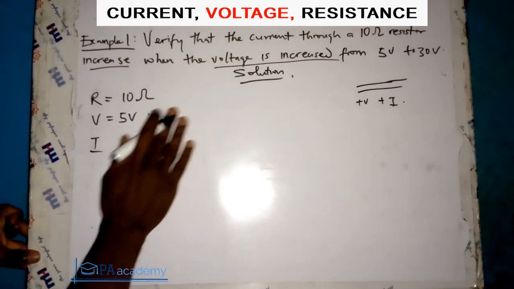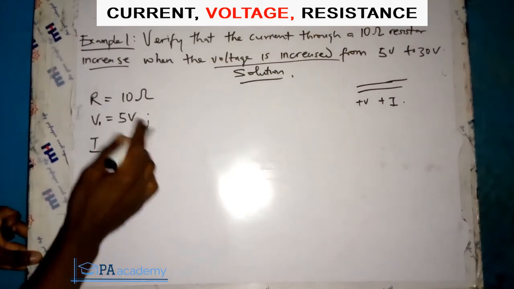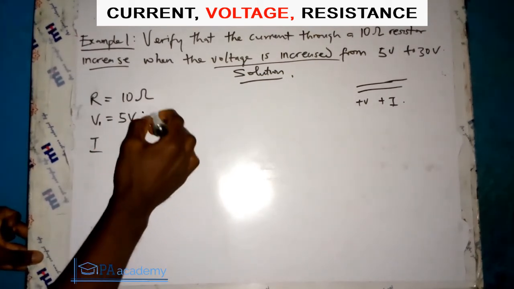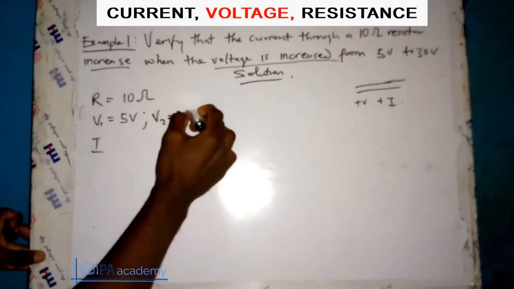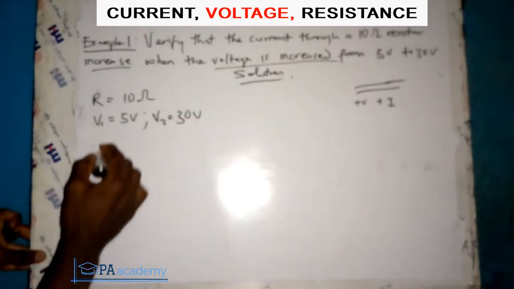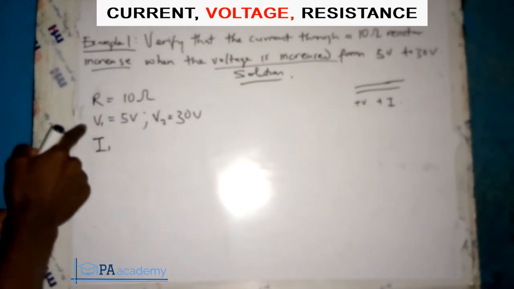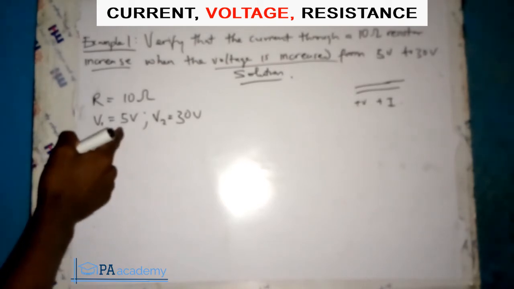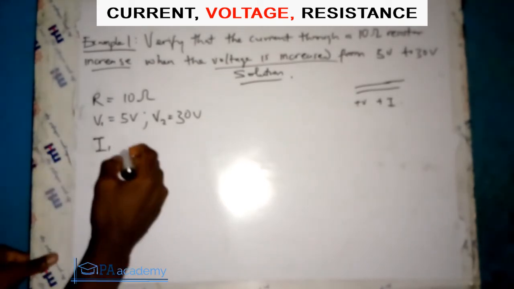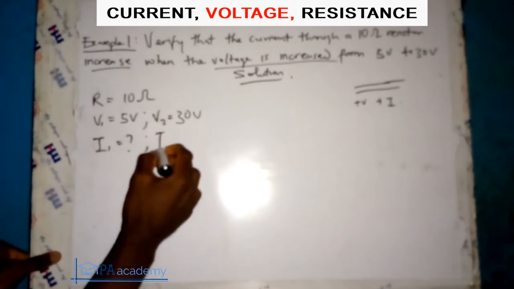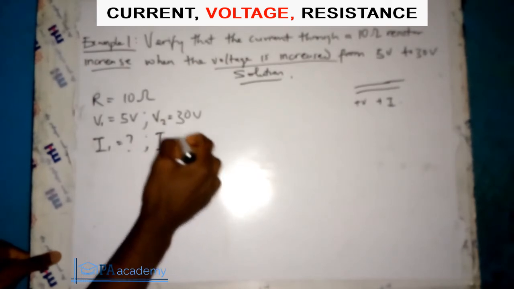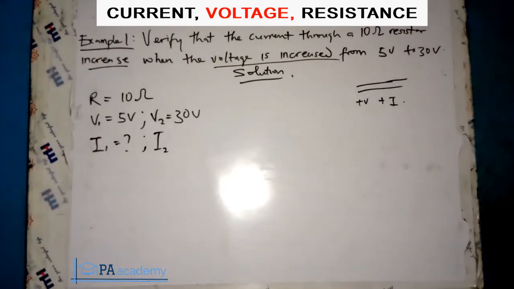Let me write this as V1 is 5 volts and V2 is 30 volts. So what we are calculating for now is the current when the voltage is at 5 volts, and then also the current, which is I, when the voltage is at 30 volts.